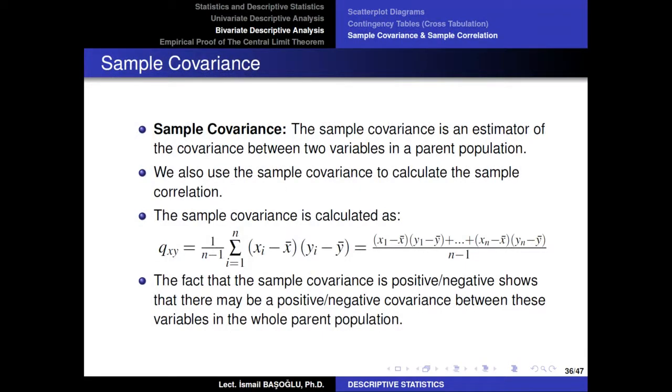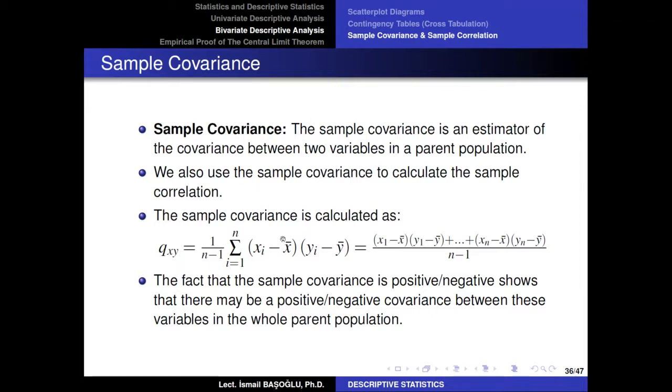Now, the sample covariance is an estimator of the covariance between two variables in the parent population. So basically, by using the sample covariance calculated through our sample, our objective is to predict the covariance between the variables in the parent population. We would like to generalize this information for the parent population.